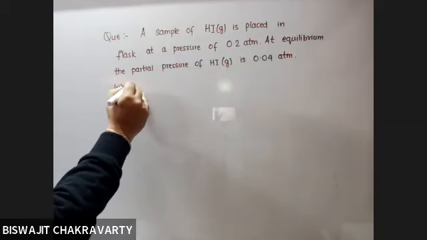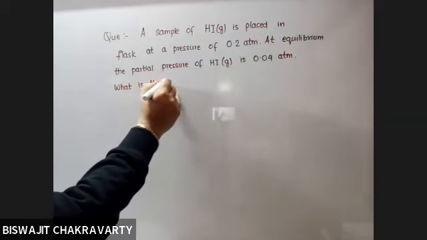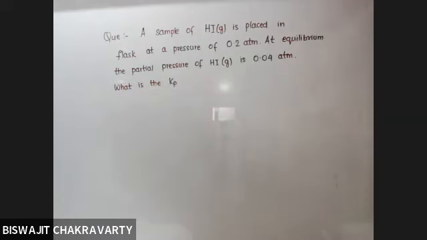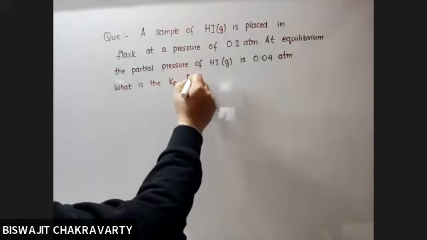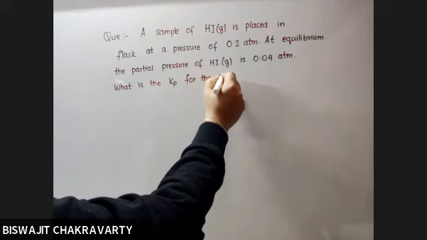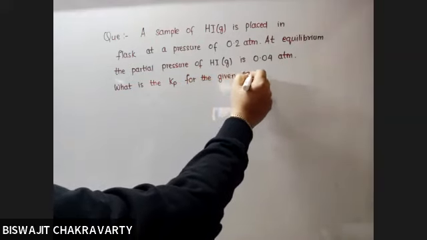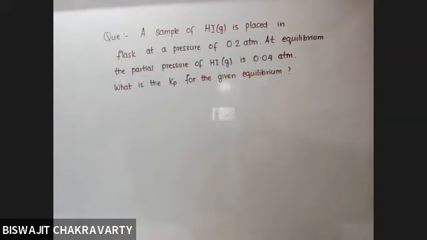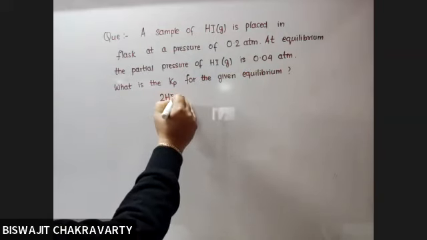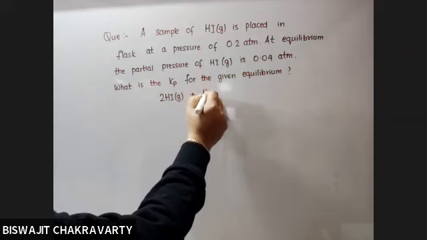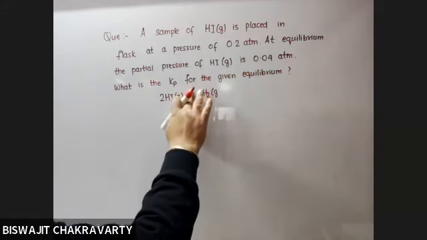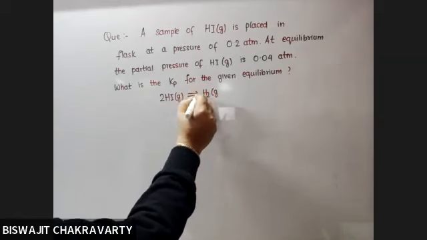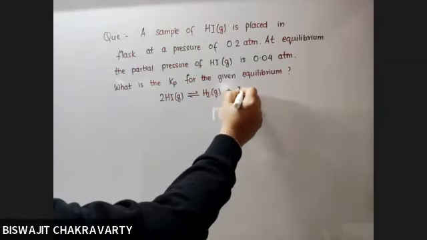What is the Kp for the given equilibrium? The equilibrium is twice HI gas reversible H2 gas plus I2 gas.